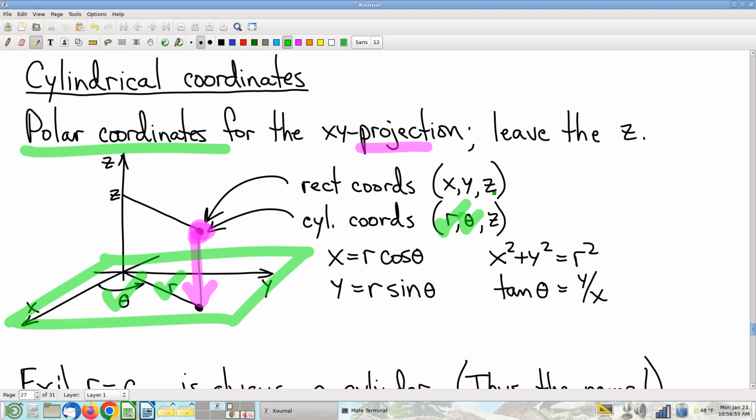And then, of course, now we're in 3 dimensions. We need 3 coordinates, and the other coordinate is just, what is the z-coordinate from which I projected? What was this original z-coordinate that I effectively ignored by taking that projection? And there you go. That's a set of 3 coordinates, and r, theta, and z will define a point in space.